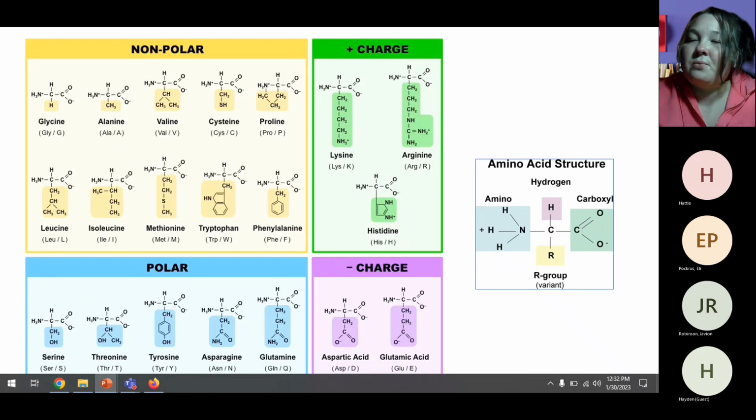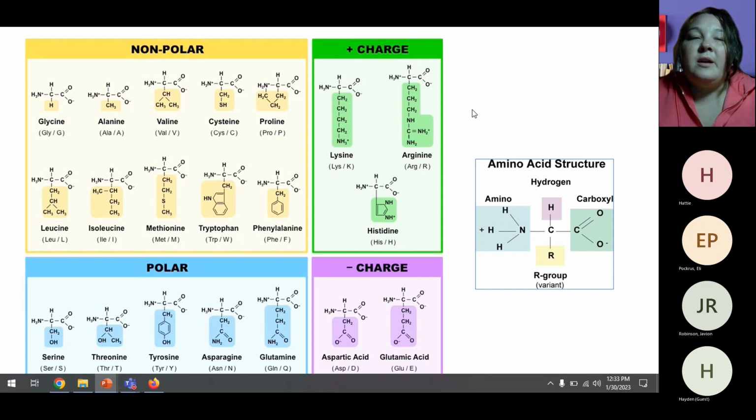And here are the 20 possible R groups. Some of them have a positive charge, some of them have a negative charge, some of them are polar, and some are nonpolar. I want you to notice a couple of things. First of all, the general structure of the amino acid is the same in each of these cases, except for what's attached at the bottom of the carbon. That is what varies.